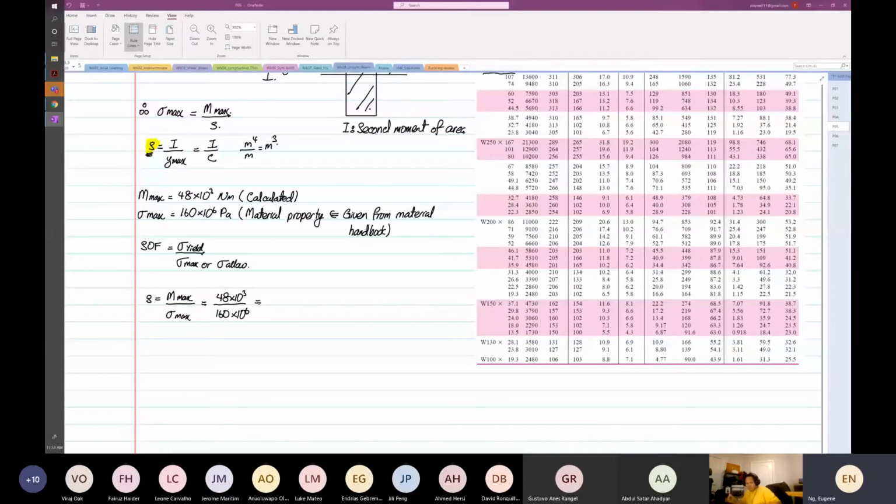So 48 times 10 to the power 3 divided by 160 times 10 to the power 6 is equal to 300 times 10 to the power minus 6 meter cube. So what we calculated down here is meter cube.